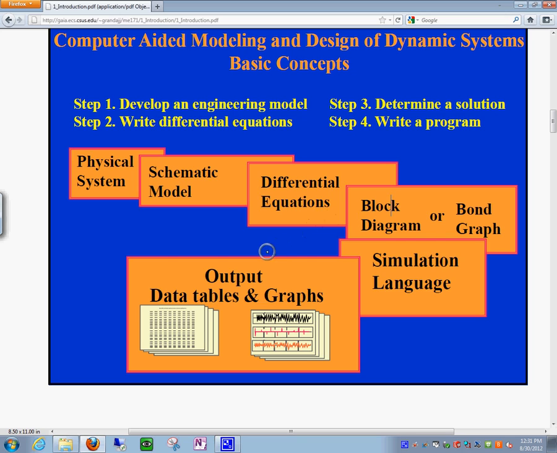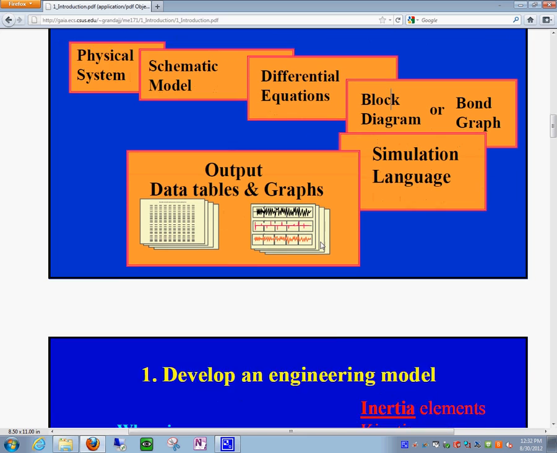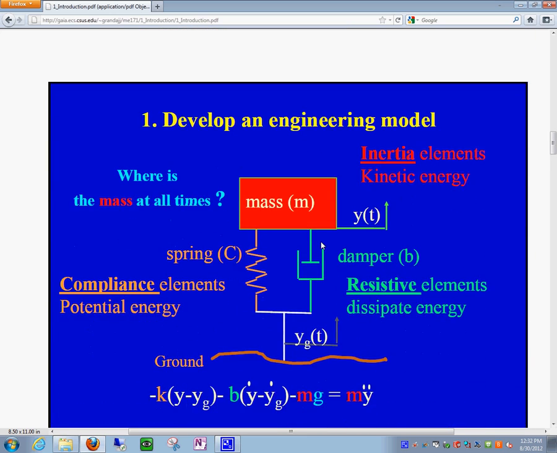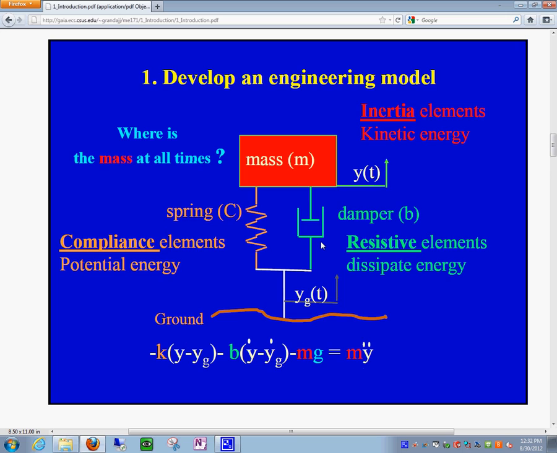And then you have the output in here, in the form of tables and graphs, which is what you need to be able to analyze the system and get the results.